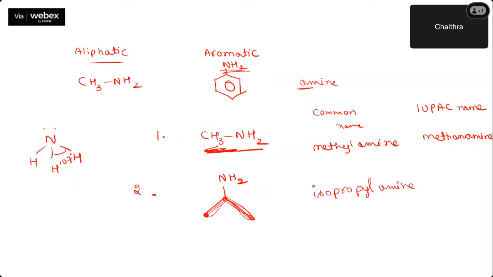Can you tell me the IUPAC name for this? You have to select the longest chain. From where will you start the numbering? 1, 2, 3. So I will call this propane. What is the position of the amine now? Amine group at 2. Propan-2-amine. Or you can also call it 2-propanamine, but this is the best way of nomenclature.